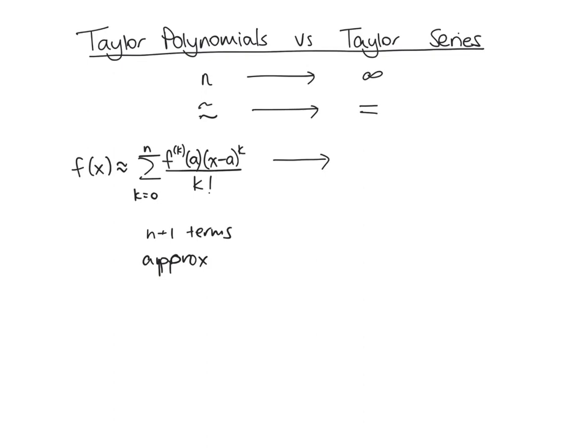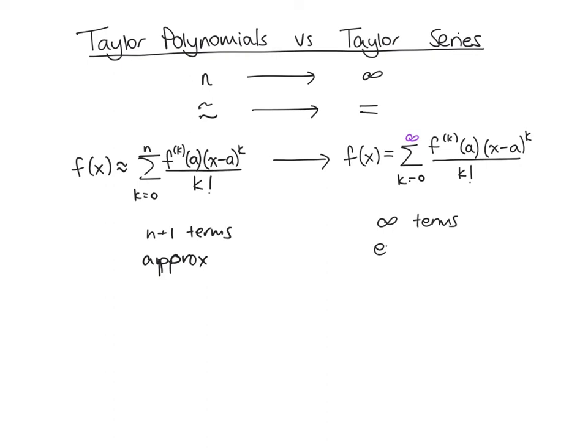But if we head over to the Taylor series, then what we have is that f of x is exactly equal to the sum from k equals 0 to infinity of the same thing. So f of k, kth derivative evaluated at a, x minus a to the k over k factorial. But what's different here is our series has infinitely many terms, and it's exact.